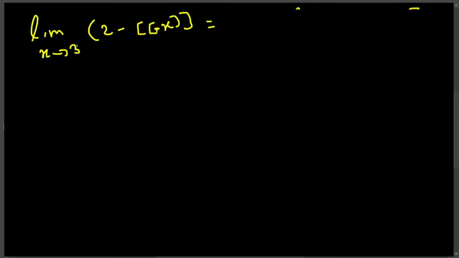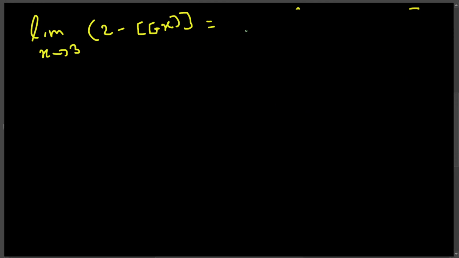So here x approaches 3, and we have to find the greatest integer. The first thing we can do is separate this constant and bring it to the front.